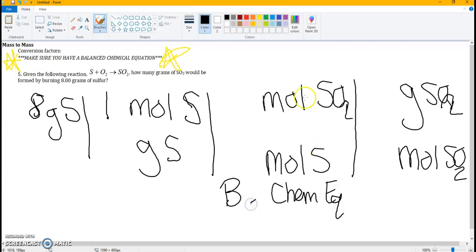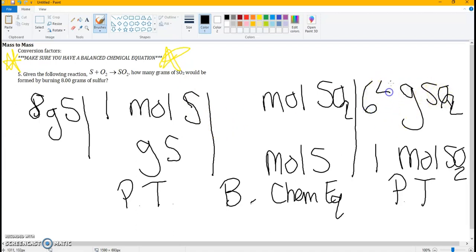So whenever I'm trying to get moles to moles, I always look at the balanced chemical equation. Whenever I want grams to 1 mole, I always look at the periodic table. Okay? Periodic table. So, sulfur dioxide was 64 grams, and sulfur is about 32 grams.